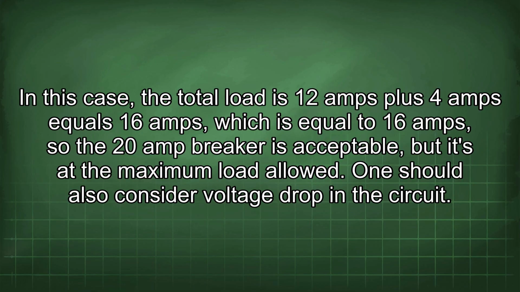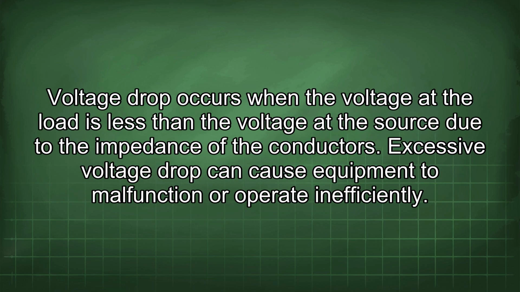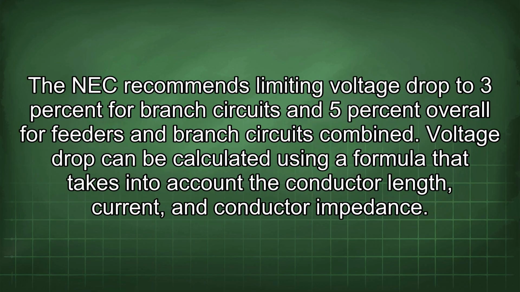One should also consider voltage drop in the circuit. Voltage drop occurs when the voltage at the load is less than the voltage at the source due to the impedance of the conductors. Excessive voltage drop can cause equipment to malfunction or operate inefficiently. The NEC recommends limiting voltage drop to 3% for branch circuits and 5% overall for feeders and branch circuits combined.